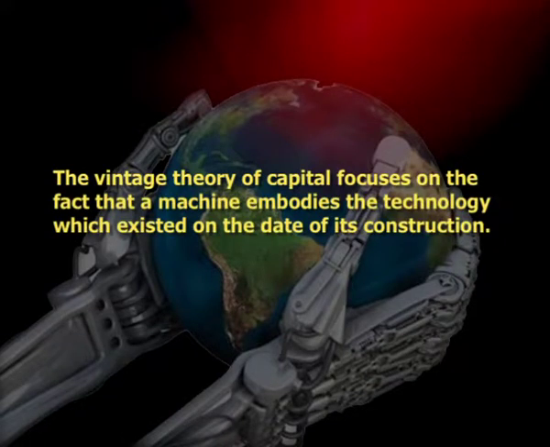The vintage theory of capital focuses on the fact that a machine embodies the technology which existed on the date of its construction. Hence, with technical progress, as new technology is innovated, the old technology becomes obsolete and the machine loses its value.